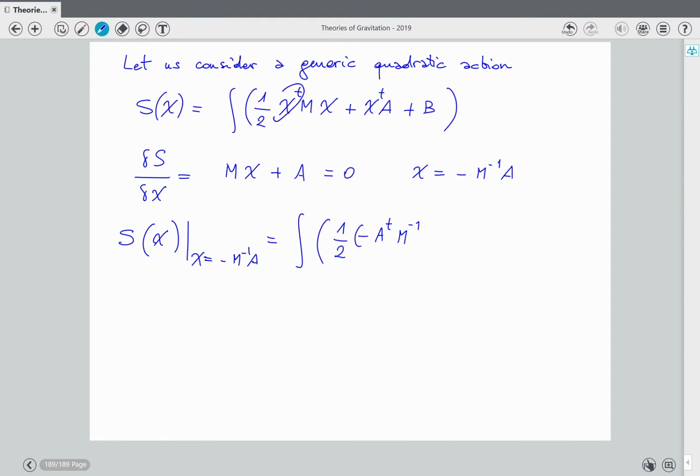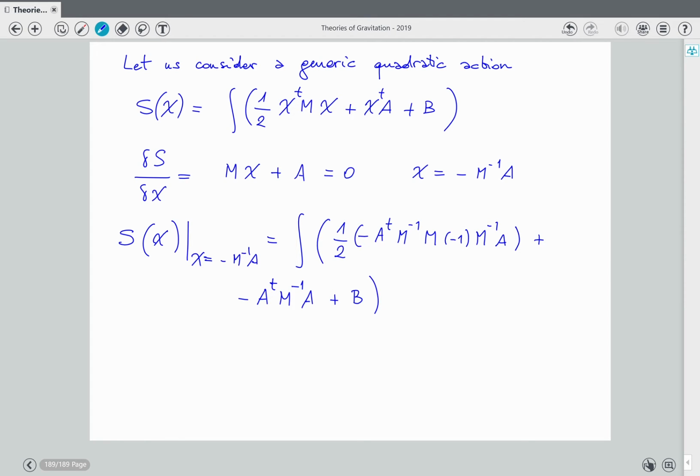And that's chi transpose. Then there is M, and then there is chi again, and chi is minus M minus 1 A. There are two minus signs, and whatever. Then there is again chi transpose, which is minus A transpose M minus 1, times A, plus B.